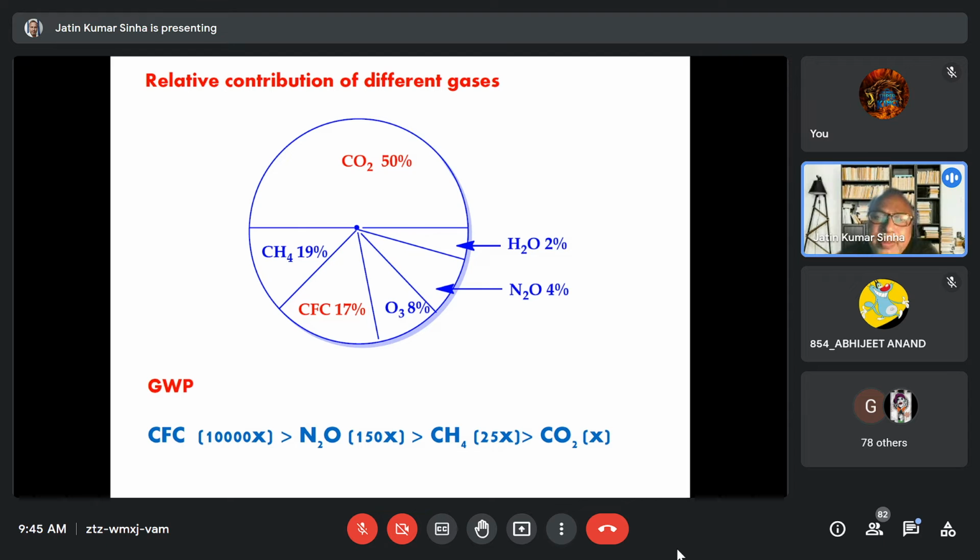So it's better to have CO2 rather than CFC. That's why we have the catalytic converter, where toxic gases like carbon monoxide are converted to CO2, because CO has more toxicity in comparison to CO2.